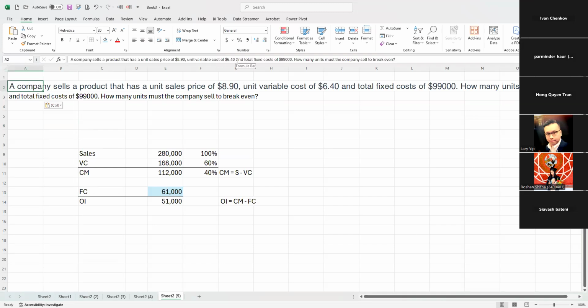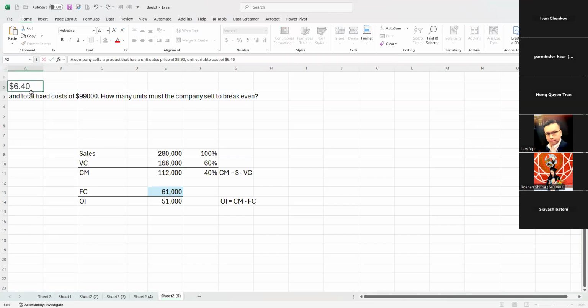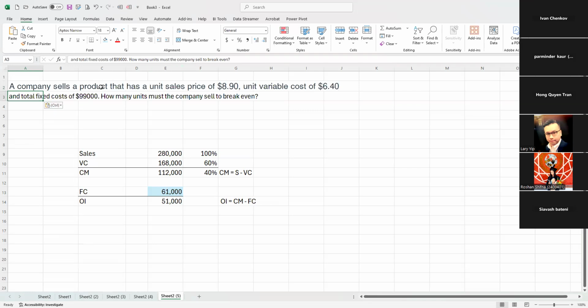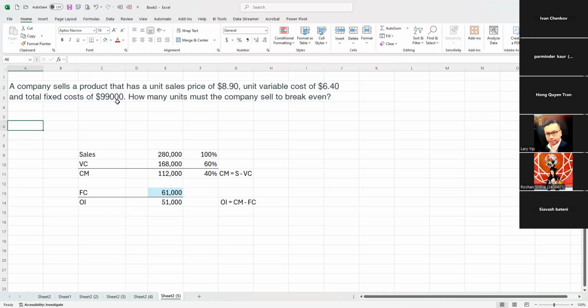Okay, a company sells a product that has a unit sales price of $8.90, variable cost of $6.40, and total fixed cost of $99,123. How many units does the company need to sell to break even? That's very straightforward, isn't it?